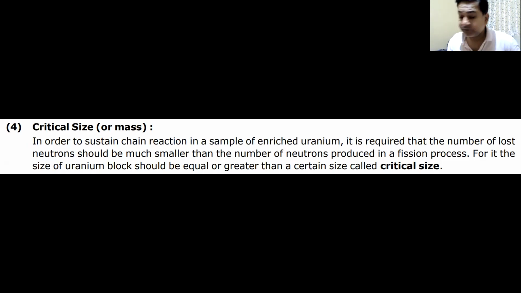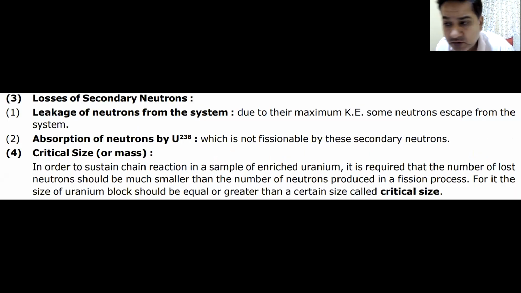But some neutrons are always lost. I'll just show you how they are lost. They are lost from the system, or they are lost because of neutrons getting absorbed and no fission happening. So some neutrons are lost.